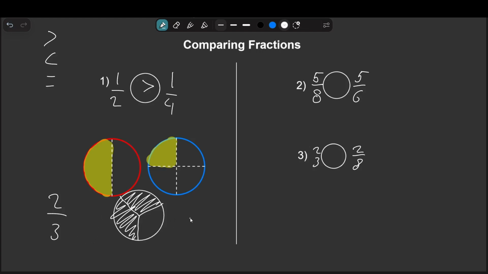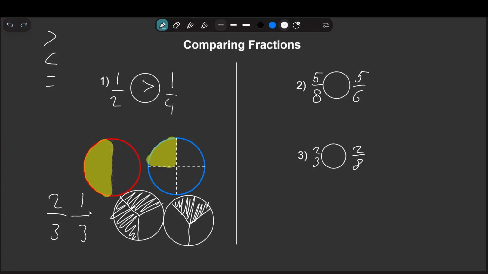Let's say we have to compare that to 1/3. Let's draw the equal parts again and compare that to 1/3, like this. Now we're comparing numerators instead of denominators, because the denominators are the same.